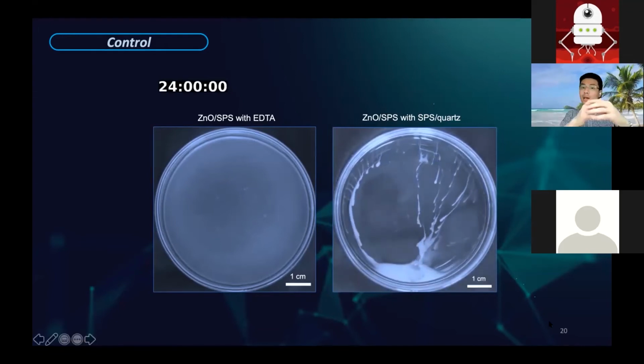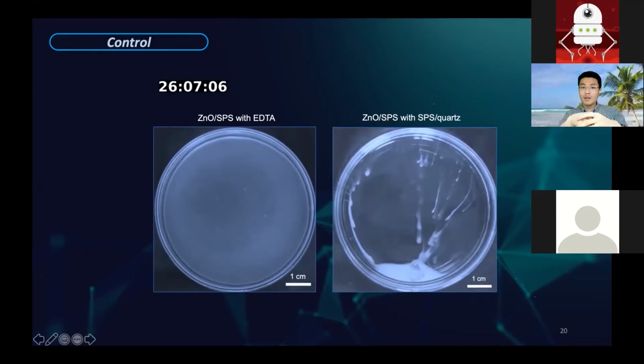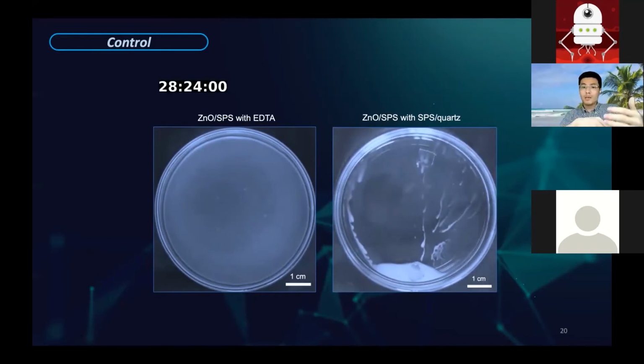We also added an SPS aggregate in the glass Petri dish, because SPS particles can generate attractive osmosis, so they can attract the particles toward the SPS aggregate. So finally, all the particles in the Petri dish collectively swarm to that SPS aggregate.